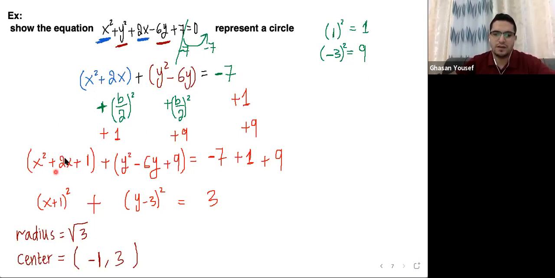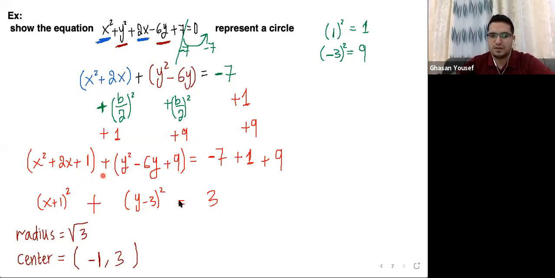The factor of this one is (x plus 1) times (x plus 1), which is the same as (x plus 1) everything squared. And for the other parentheses, I get (y minus 3) times (y minus 3), so this is equal to (y minus 3) everything squared. Equals minus 7 plus 1 plus 9. I add these and simplify, I get 3.